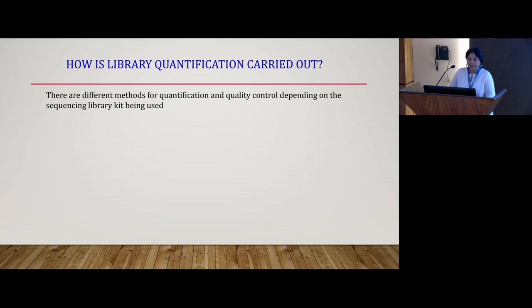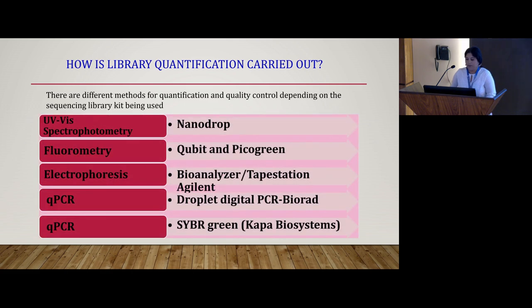So, how is library quantification carried out? There are different methods for quantification and quality control, depending on the sequencing library kits being used. Here are several different techniques by which quantification can be carried out, like ultraviolet spectrophotometry, fluorometry, electrophoresis systems, and quantitative PCR.